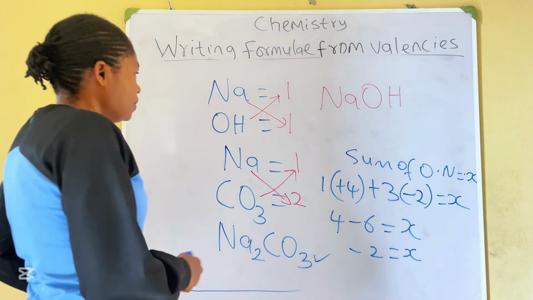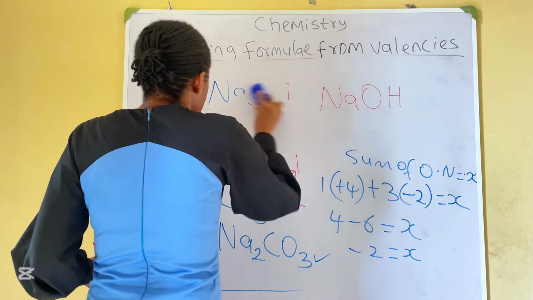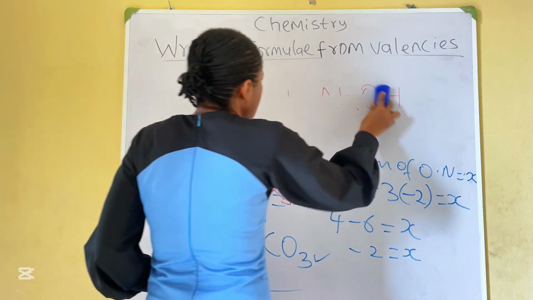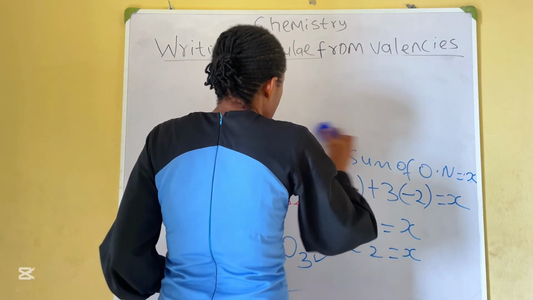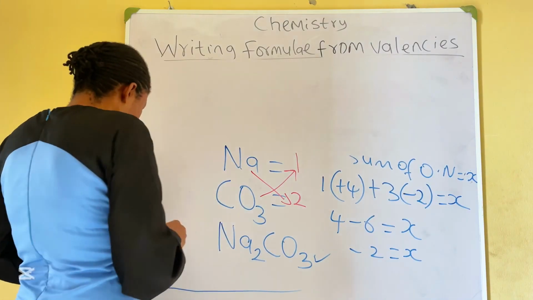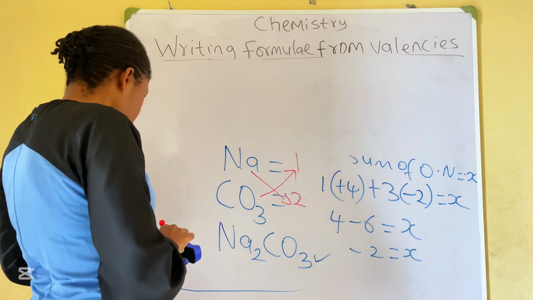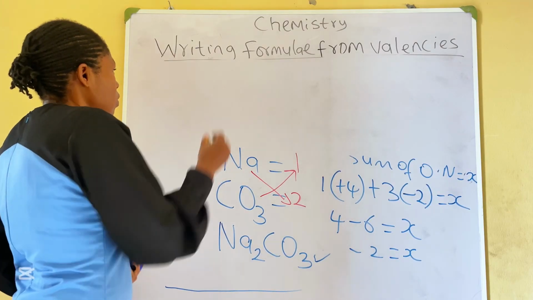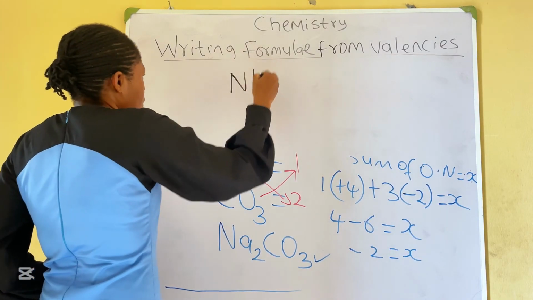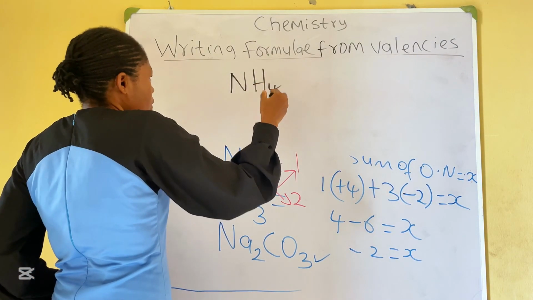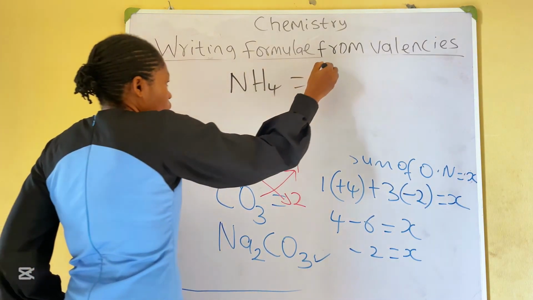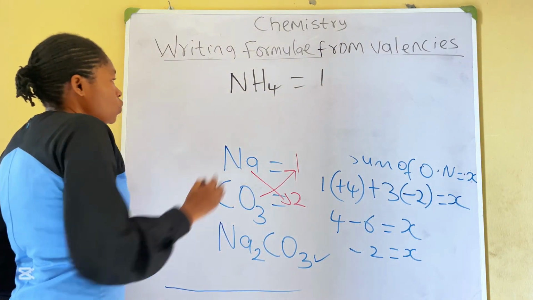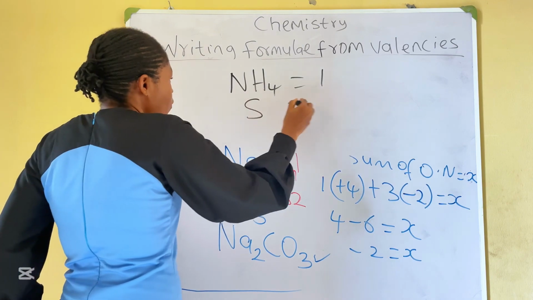Let's look at the third one, ammonium sulfide. Write the ammonium ion. The charge is plus. That plus is what? That's 1. Sulfide is coming from what? Sulfur.